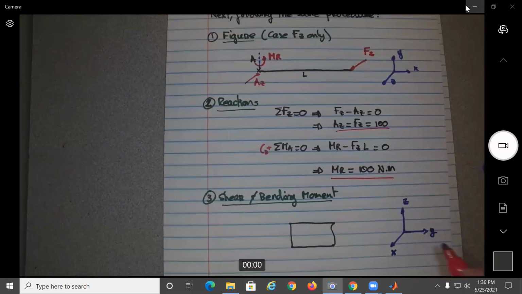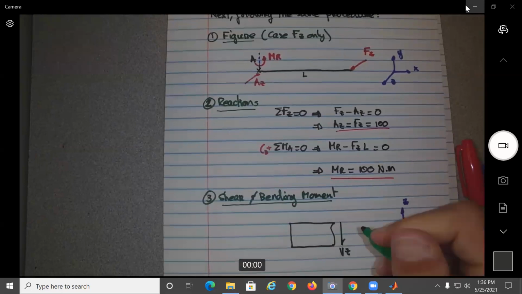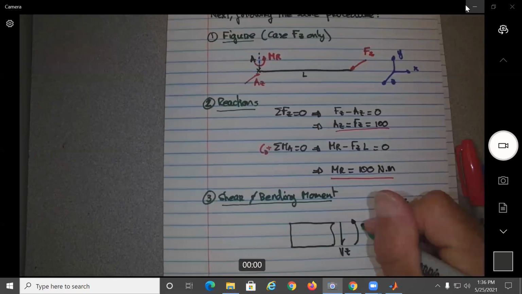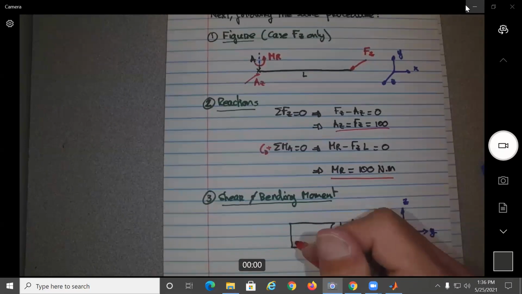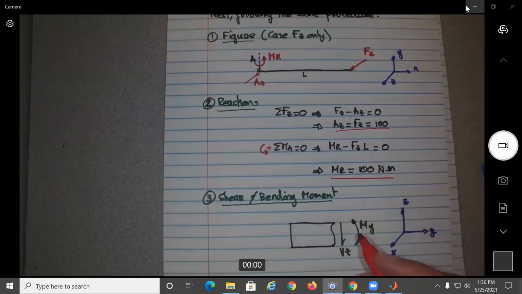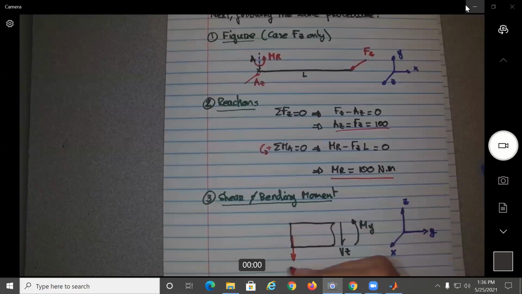So this will be now Vz, and this will be My. And what did we do with Ay? It's going negative 100, and here will be the Az 100.